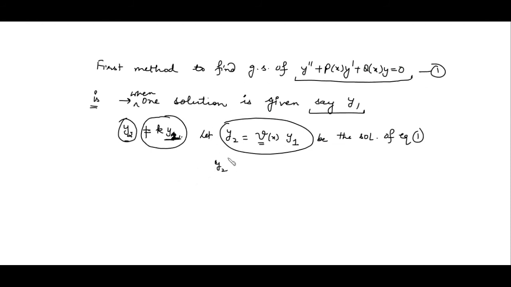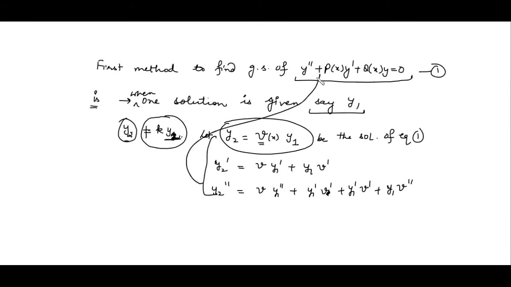So we can find y2 dash, which is v as it is y1 dash, plus y1 as it is v dash. y2 double prime is v as it is y1 double prime, plus y1 prime as it is v prime, plus y1 prime v prime, plus y1 as it is v double prime. Now substitute all these values in equation 1.